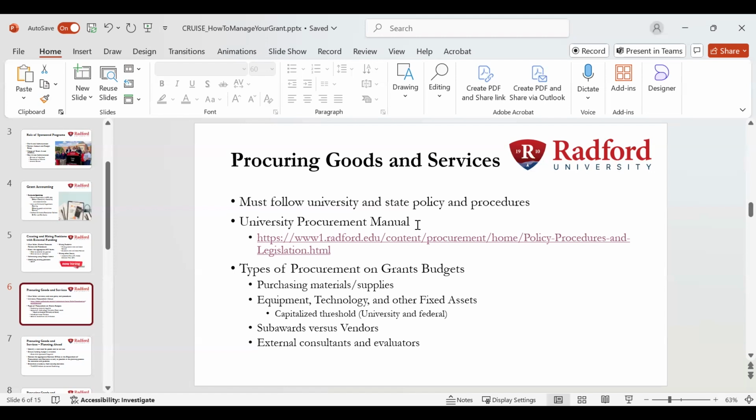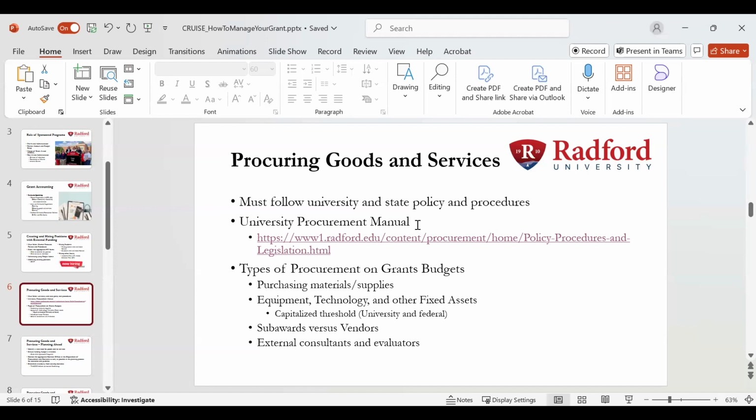I will say, when you go back to the purchasing of materials and supplies, a comment came in, which is great. What we mean by purchasing materials and supplies are more or less your technical type supplies, right? Not office supplies or office materials. Most of the time, sponsors will not pay for office supplies like pens, paper, and that sort of thing.